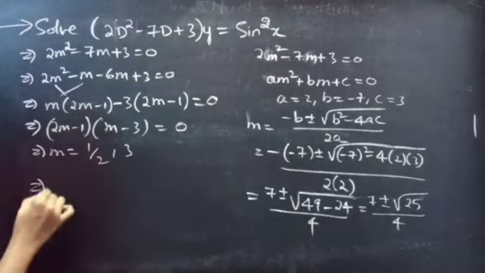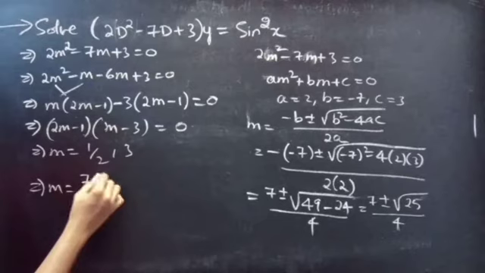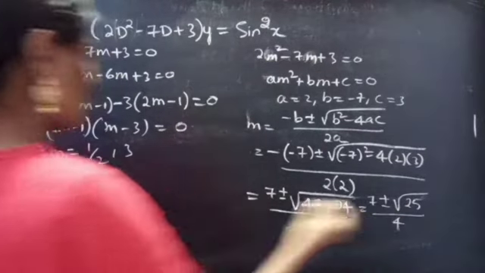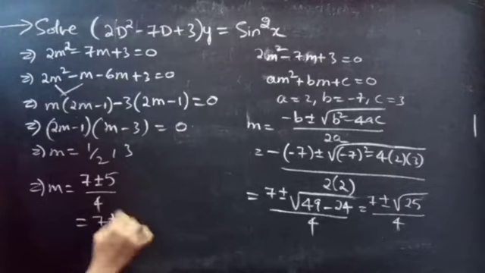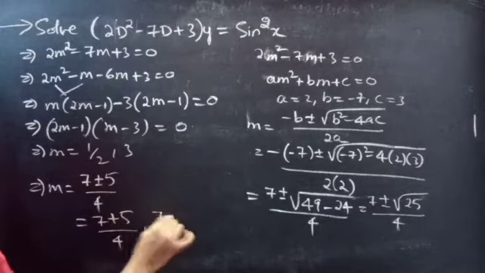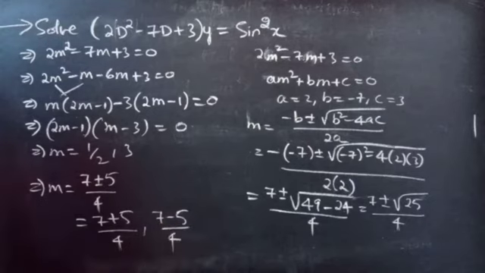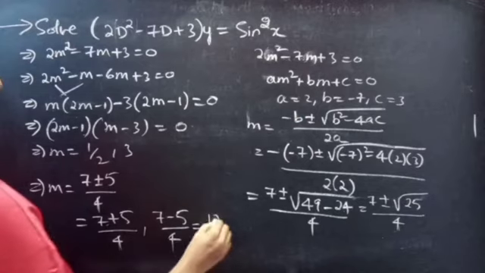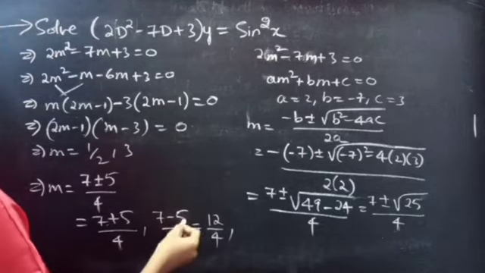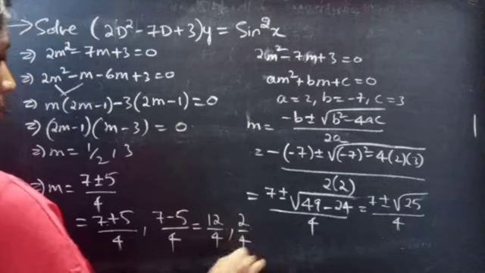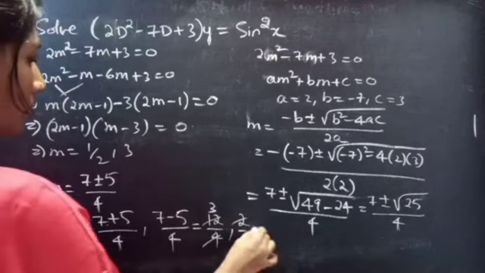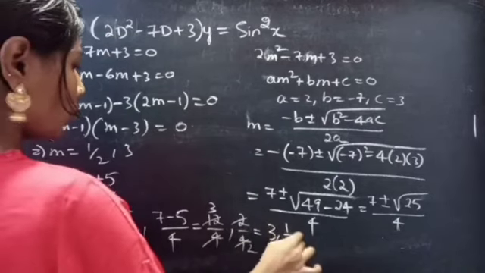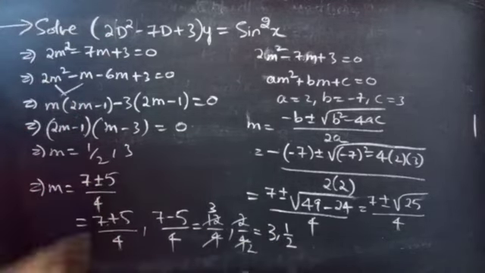Then m will be 7 ± 5 by 4. You can write it as (7 + 5)/4 and (7 − 5)/4, which is equal to 12/4 and 2/4, which is 3 and 1/2, right? You'll get the same thing.